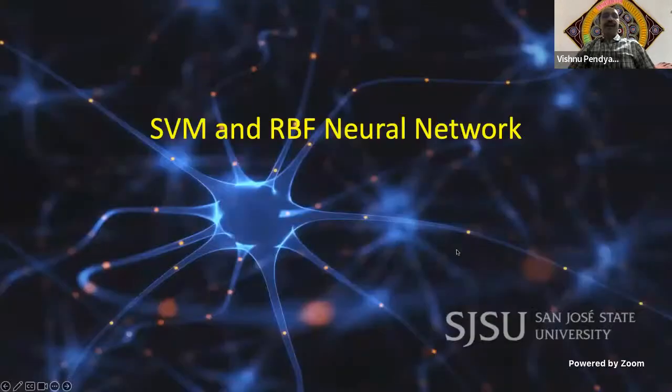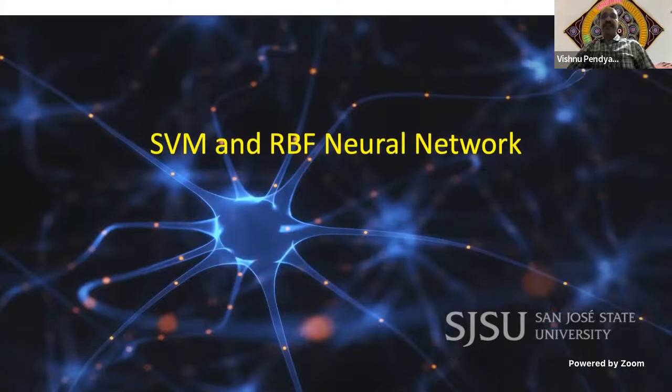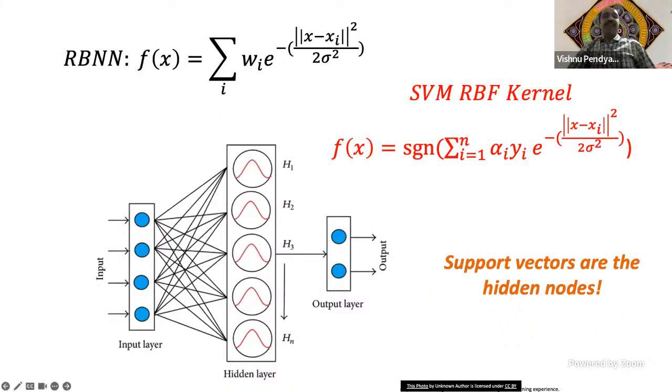And how about the RBF neural network's relation to deep learning? The RBF neural network is basically given as a sum of the weights multiplied by the RBF, right? And you can see a direct relation between this and what we do in support vector machines.